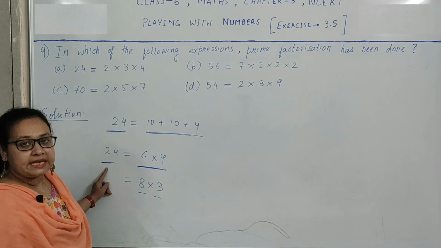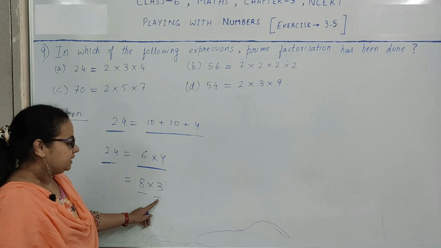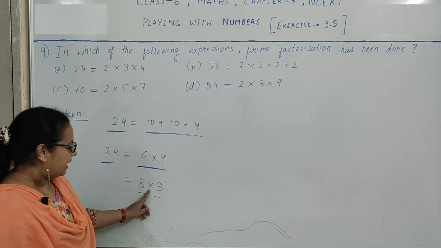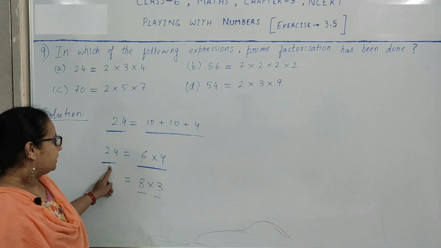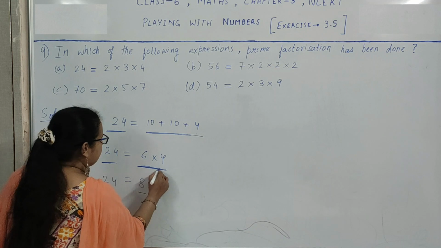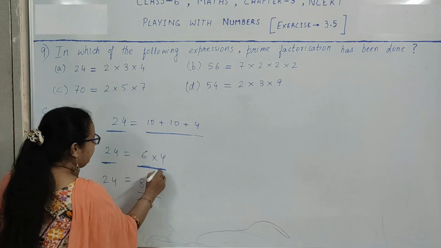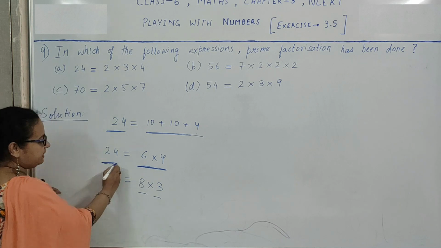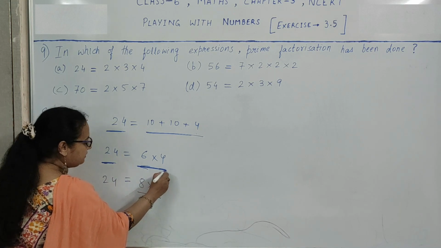That means when the factors are multiplied, we get the number. Here 6 and 4 are the factors of 24. When we multiply 6 and 4, we get 24. Here 24 is expressed as a product of its factors.